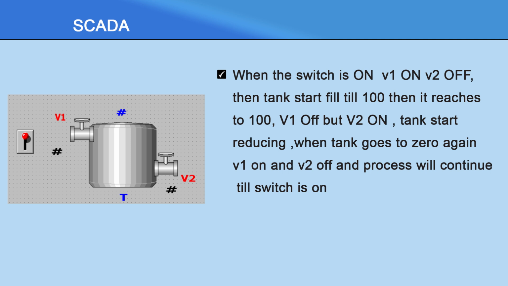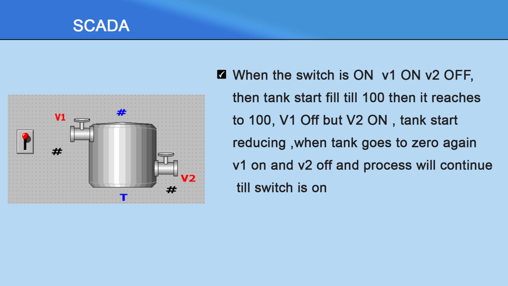Okay, when your tank level reaches 200, or when it is full, the valve V2, the outlet valve, will turn on and the inlet valve V1 will turn off. Okay, and the tank level will again start decreasing to 0. And when the tank level comes to 0, again V1 will turn on and V2 will turn off.